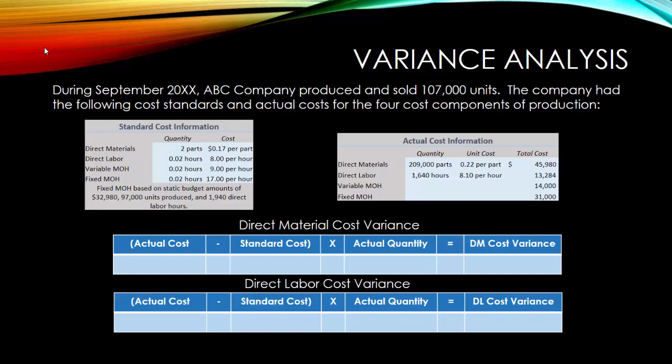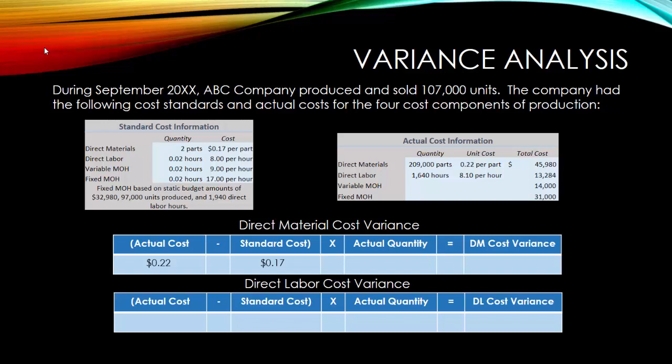So our actual cost per materials, and we're going to break this down to the unit level, was 22 cents per part, taken right from our actual cost information. Our standard cost, we said what we budgeted for was to spend 17 cents per part, found in our standard cost information, which means we paid 5 cents more per part than we planned on.